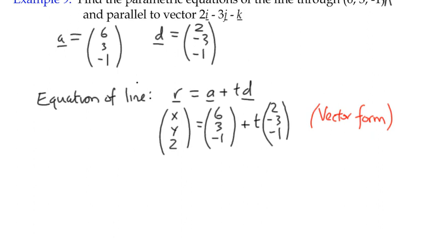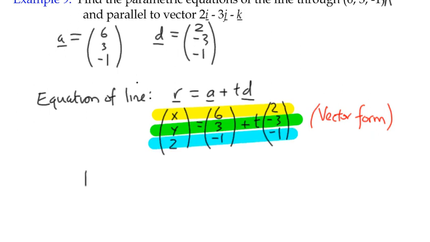So to write it in parametric form, all we're going to do is slice that equation into 3 bits and say, in parametric form, x equals 6 plus 2t.